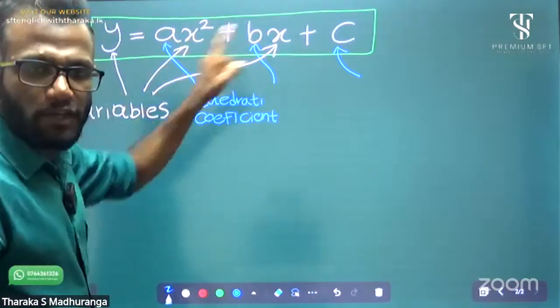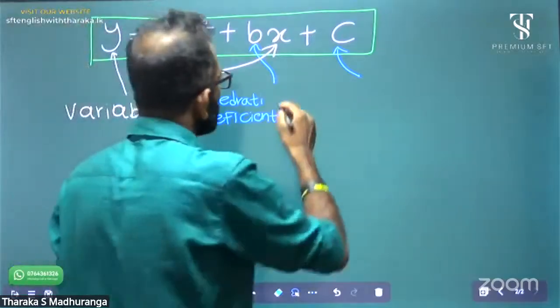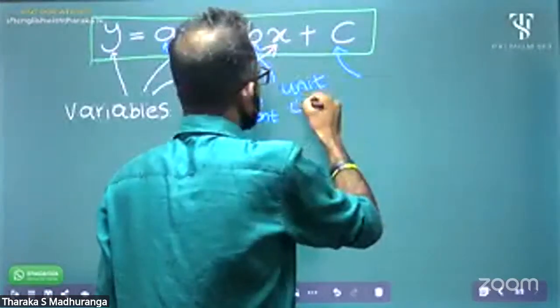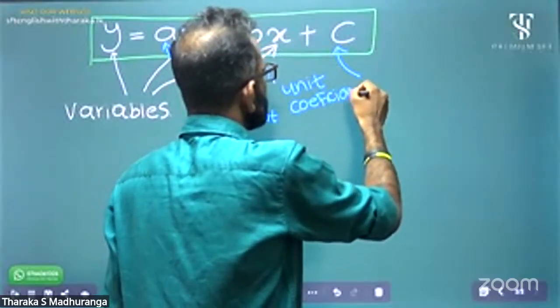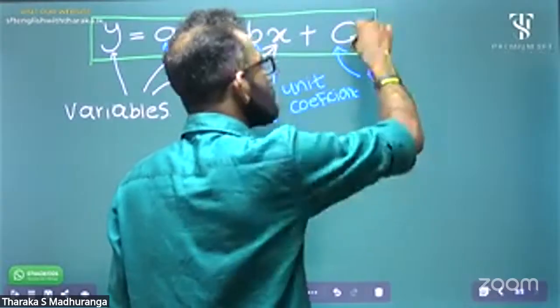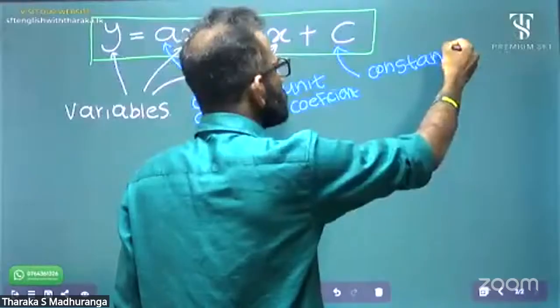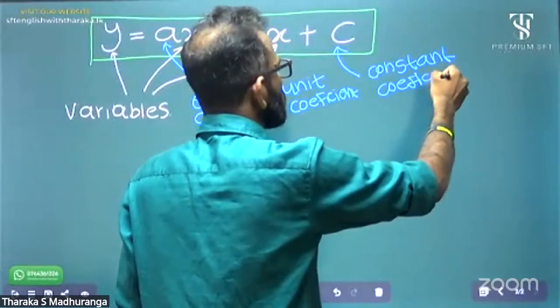The b we call the unit coefficient. That one is also a constant. Okay, that's a constant coefficient. Not just only constant. All are constants, but that's the constant coefficient.